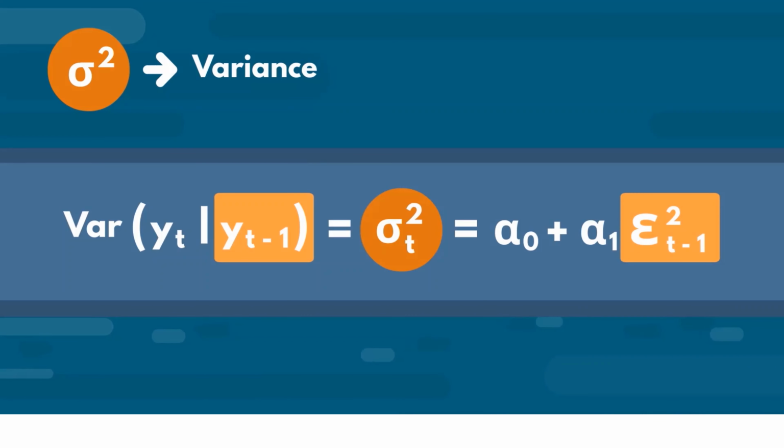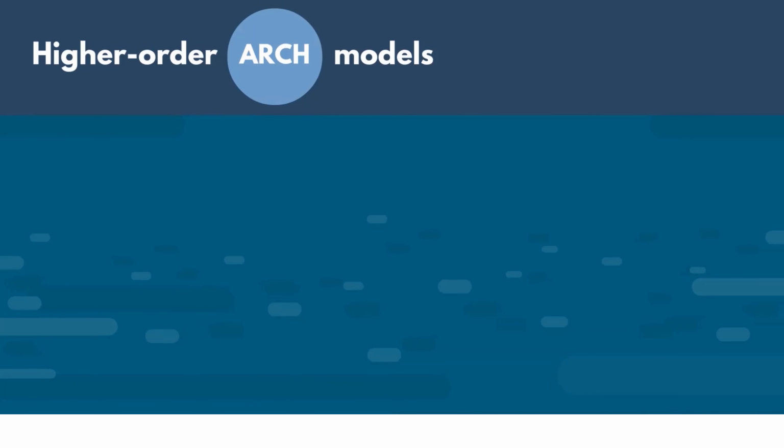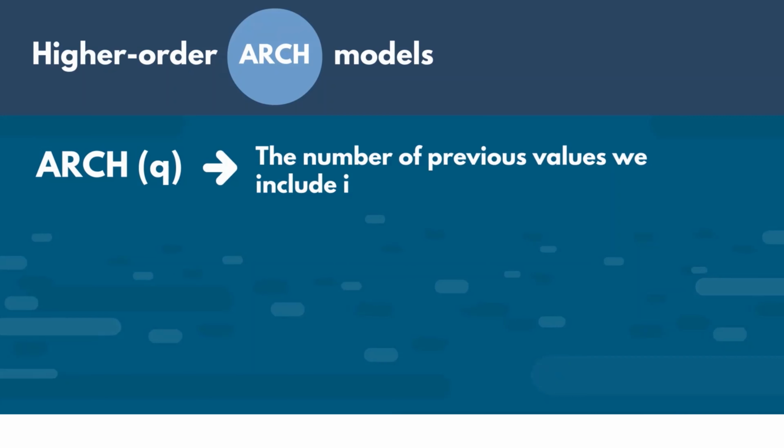Great! Let's quickly discuss higher order ARCH models before we move on to the more complex topics. For starters, the ARCH contains a single order specification, q. Just like the autoregressive model, it expresses the number of previous values we include in the model. Hence, an ARCH(q) model looks like this.